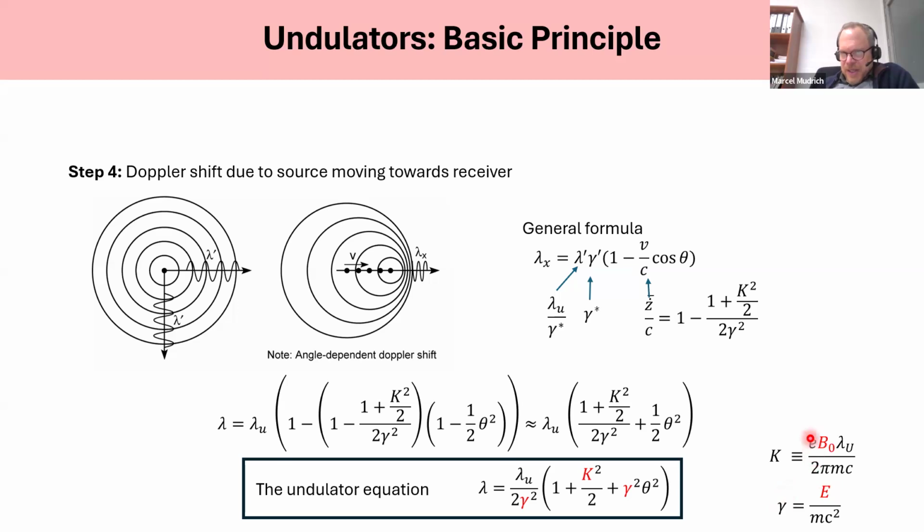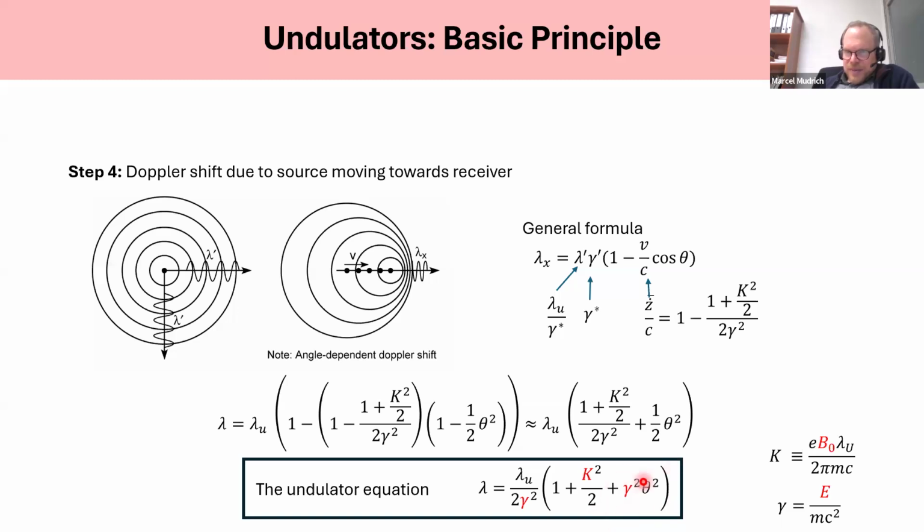And remember, even with a permanent magnet arrangement, we can still control the magnetic field just by mechanically changing the gap between the north and south poles, and in this way have a second control knob to fine tune the wavelength of the emitted light.